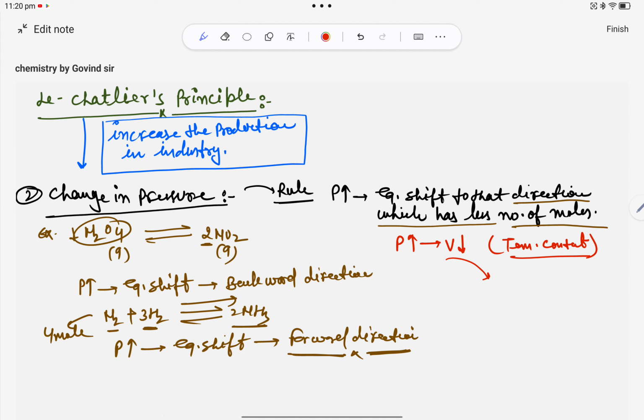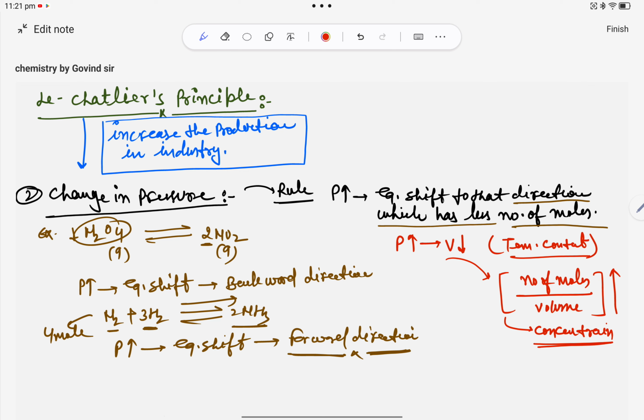Volume decrease means number of moles upon volume increases. That means it is a concentration. If volume decreases, then concentration increases. Think about it. It is an important point here.